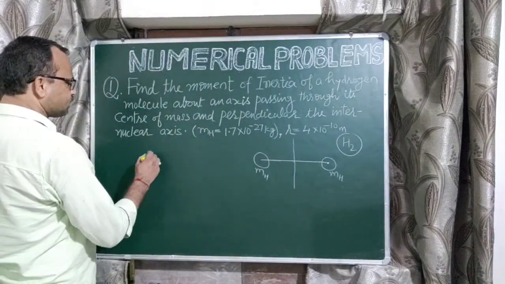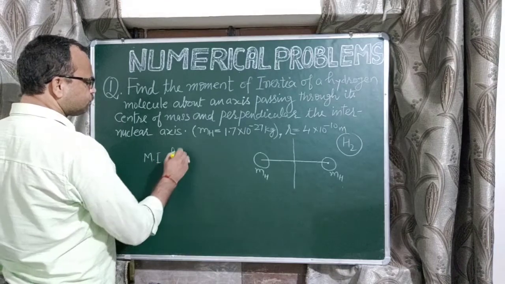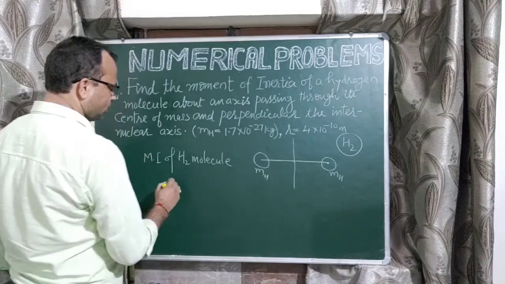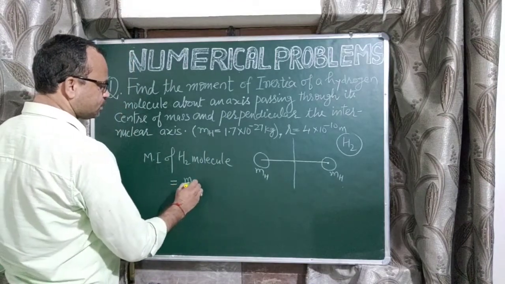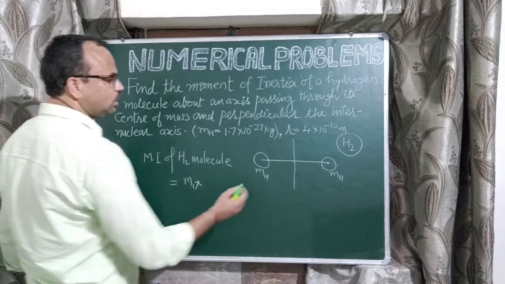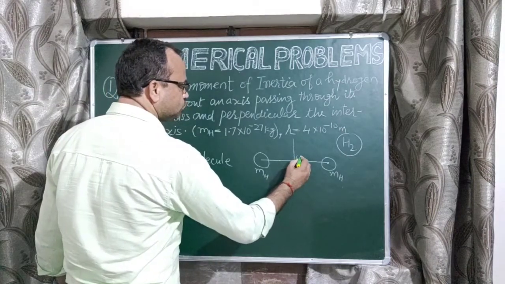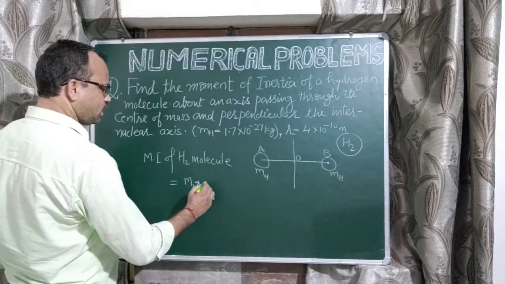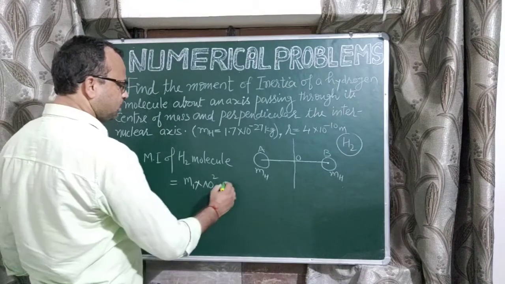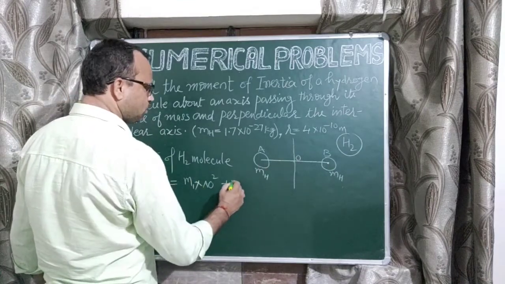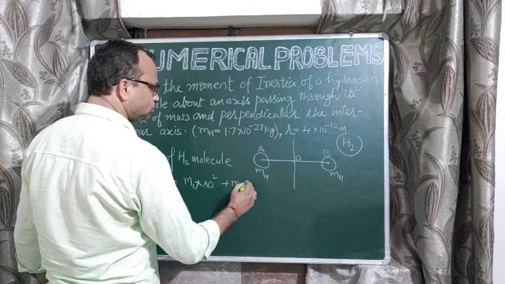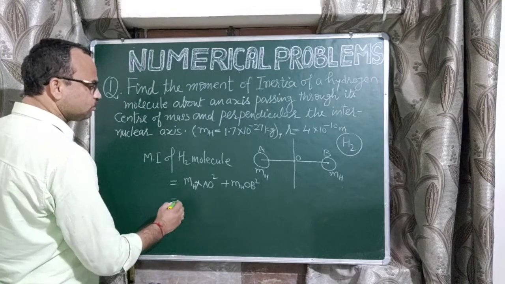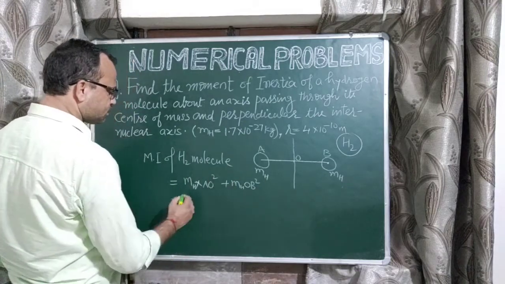So the moment of inertia of the hydrogen molecule is equal to mh into AO square, where O is the center of mass, and A and B are the two atoms, plus another mass mh into OB square. Now mh is taken common.